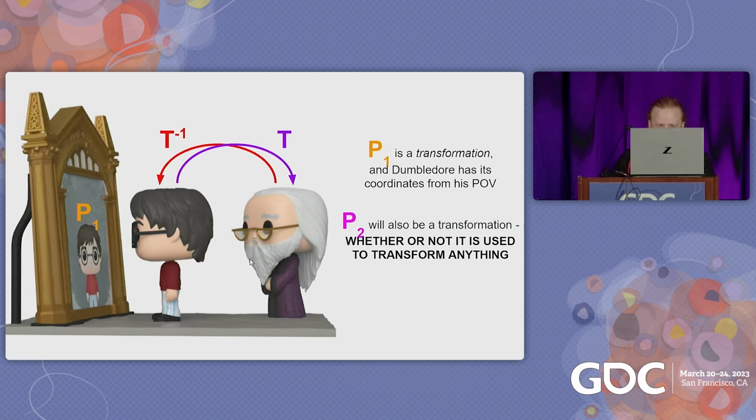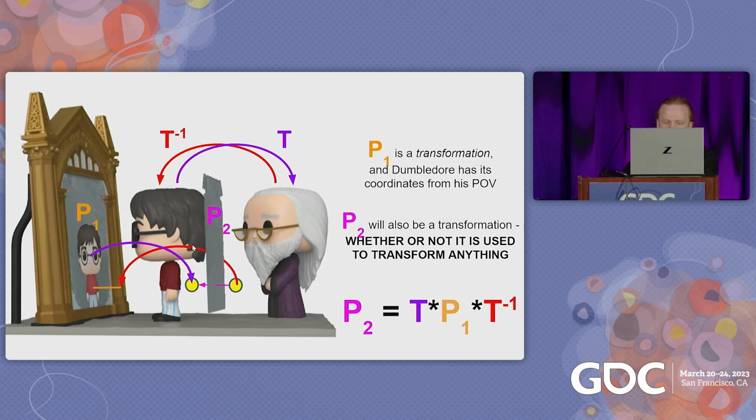Okay, can we use that for anything? Well, what if Dumbledore had a point and he wanted to apply P2 to it? Well, what he could do would be to apply T inverse and then reflect in P1, which he already has, and then apply T. Okay. That gives him what? That gives him the point reflected in this plane that he doesn't have. But in a sense, he does have that plane.